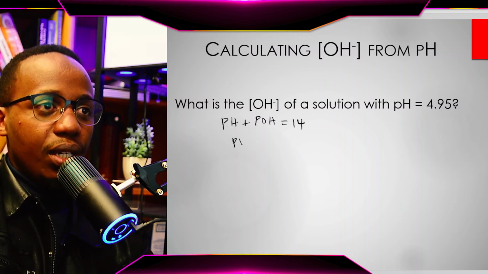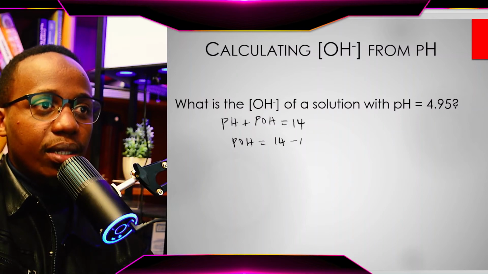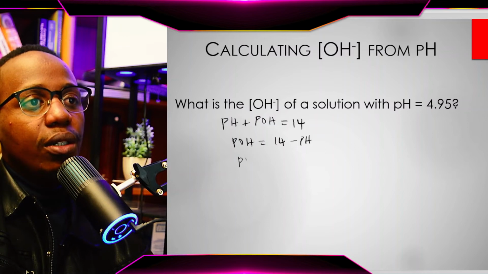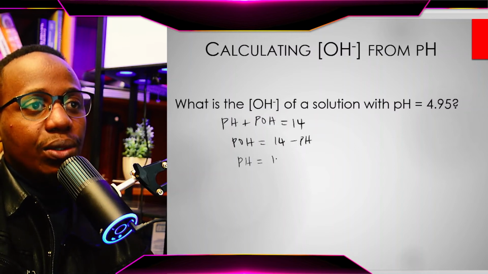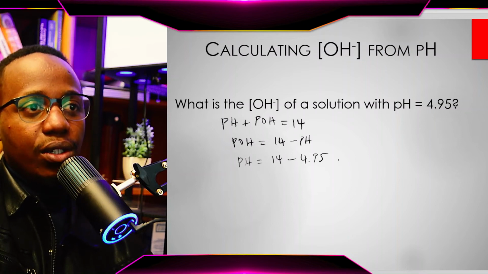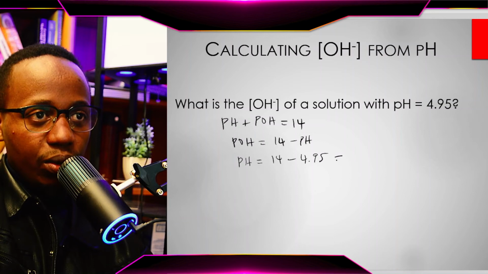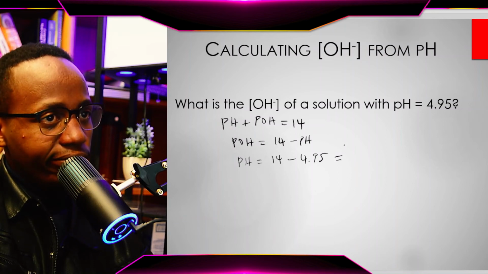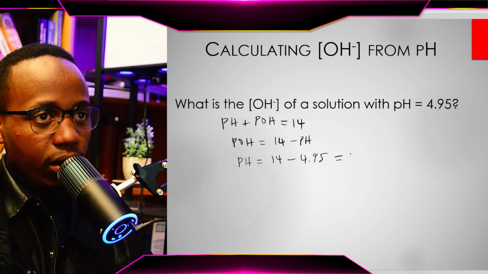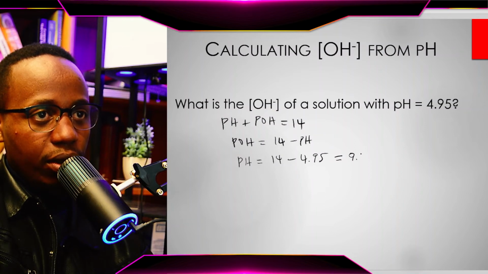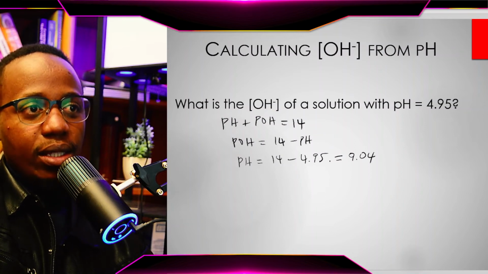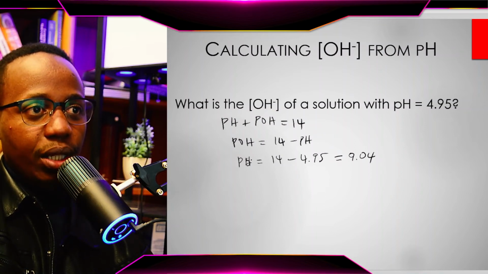So pOH is equal to 14 minus pH, in this case 14 minus 4.95, so this should be equal to 9.05. That's the pOH, not the pH.